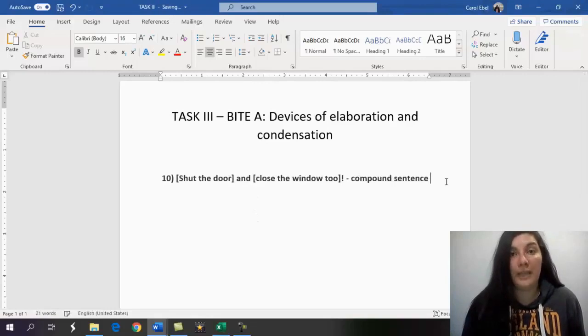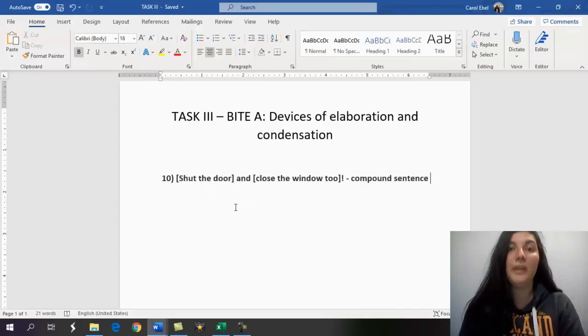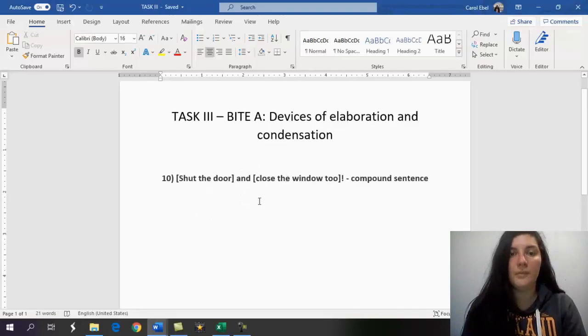Each directive must be enclosed separately one from the other, and we need to leave the coordinator aside from the independent clauses. In this case, it's not necessary to apply punctuation. In order to place a comma, both clauses must have their own subjects, and in this case, these two imperative clauses share an implied subject, which is the second person singular you.